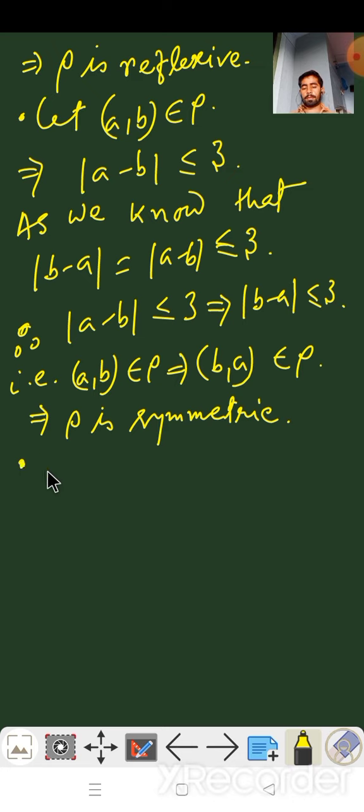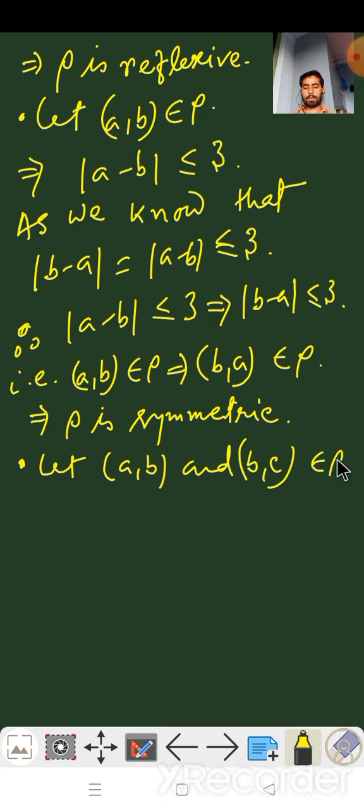Now we will check whether the relation rho is transitive or not. To check transitivity, let two ordered pairs (a, b) and (b, c) belong to rho.